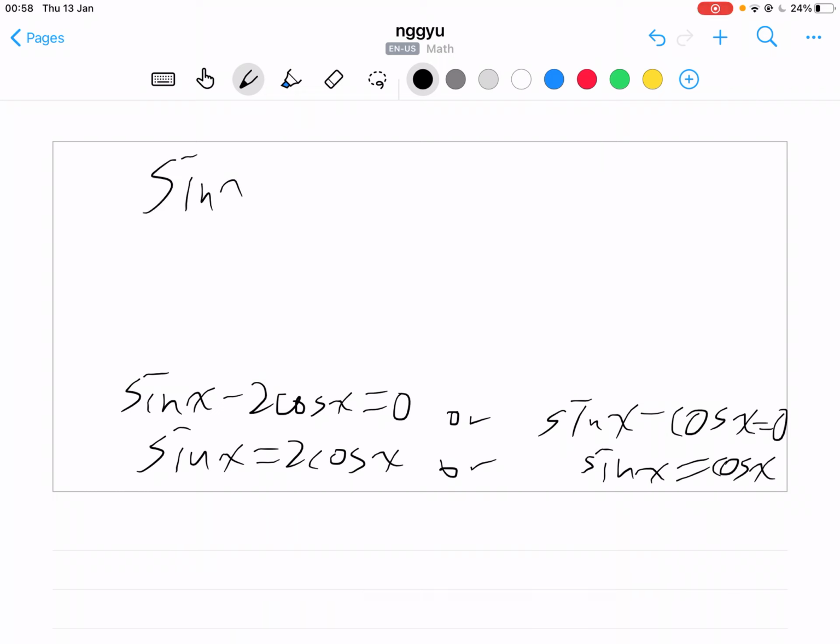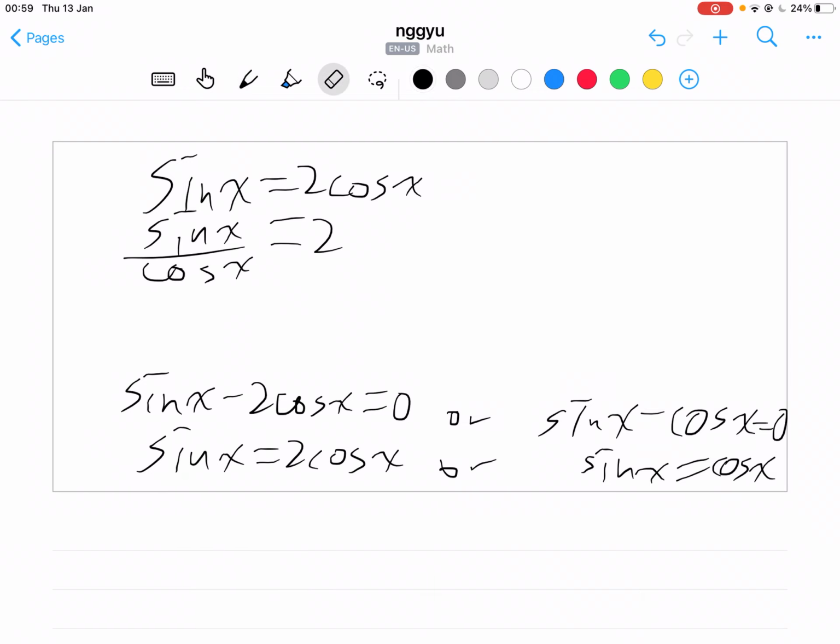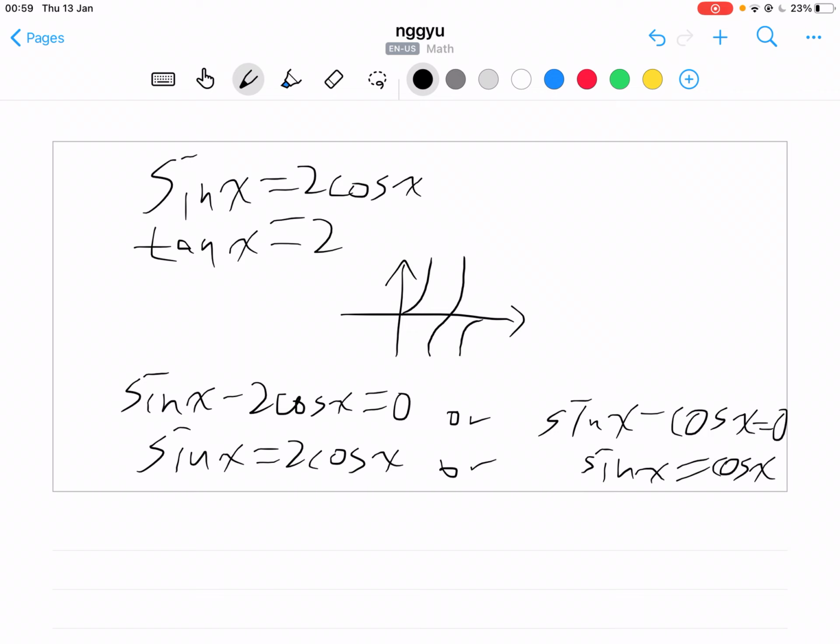When sine x equals 2 cosine x, we divide by cosine x on both sides, and this becomes tangent x equals 2. This is the graph of y equals tangent x from 0 to 360 degrees roughly.